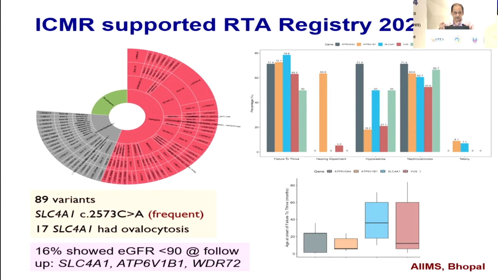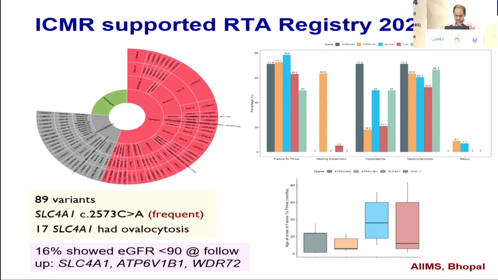This is again recapitulated if you look at the ICMR data, a registry which is still going on, being managed at AIIMS Bhopal by Dr. Girish Bhatt and his team. Again, SLC4A1 is the chief gene in the Indian population, but you have about 25% where you still don't find an underlying cause.